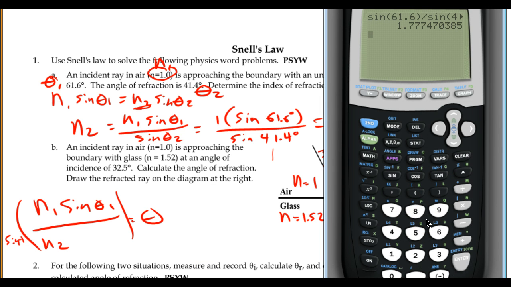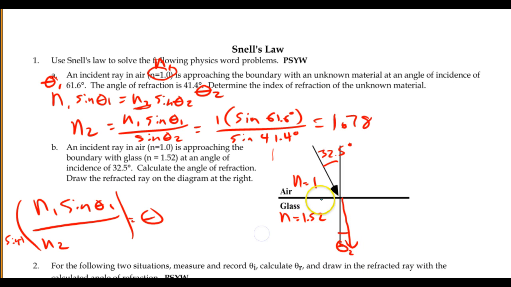So in this case, n1 is 1, so we're taking sine theta 1, sine of 32.5 degrees, and we're going to divide that by the index of refraction for the new material, 1.52. Okay, and then we're going to take the second function, inverse sine of the answer, and we get 20.7 degrees.